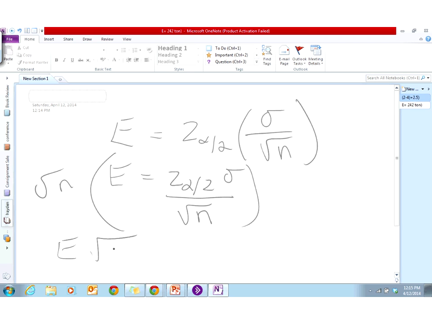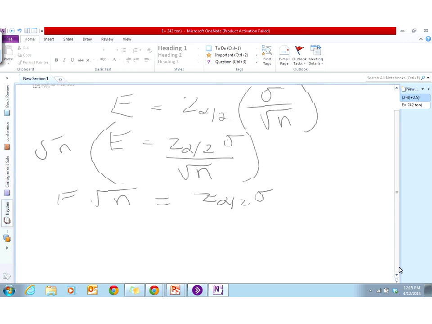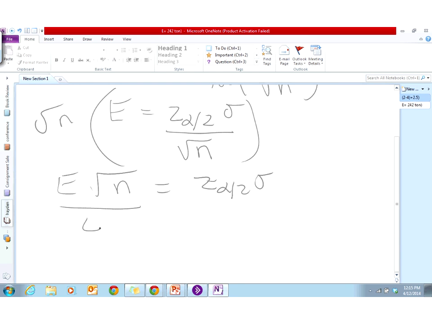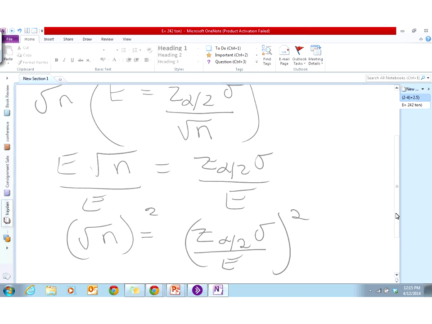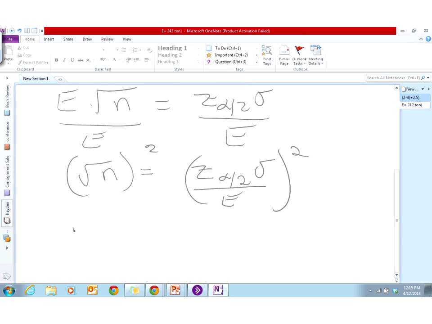So I have E times the square root of n equals z of alpha over 2 times sigma. I want to get the square root of n by itself. I divide both sides by E. So I have the square root of n equals z of alpha over 2 times sigma over E. And then I want an actual value for n, so I need to square both sides. And that's where this formula came from.